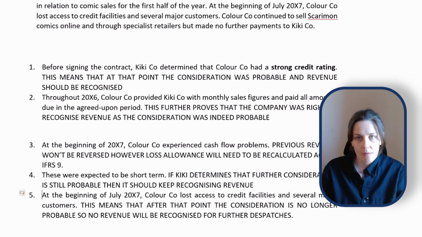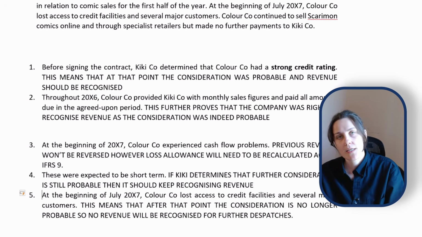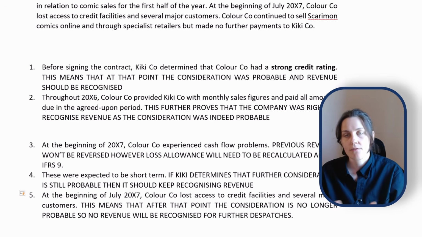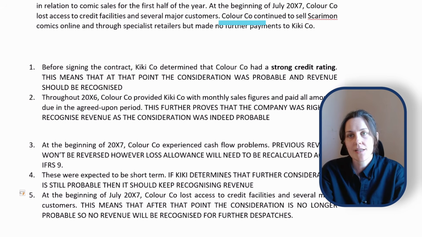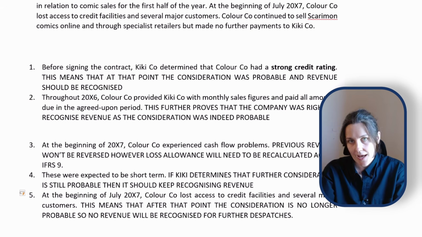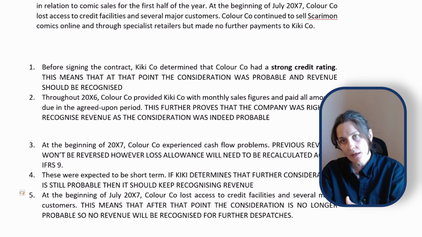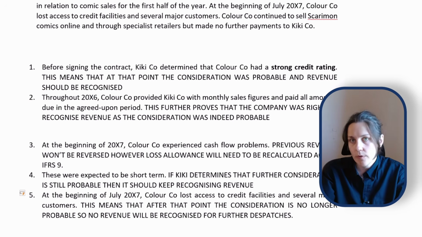If I would have time, or if marks that are allocated would be higher than 6, I would think about what is that in the scenario that I have not used. So for example, Color Company continued to sell Scarimon comics online but made no further payments. I already said that revenue won't be recognized, but I could have said that if they pay, then only then revenue will be recognized.